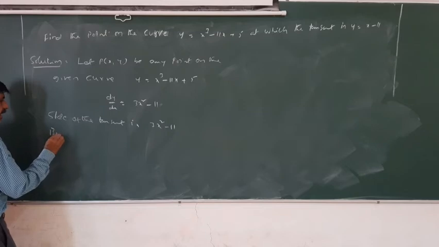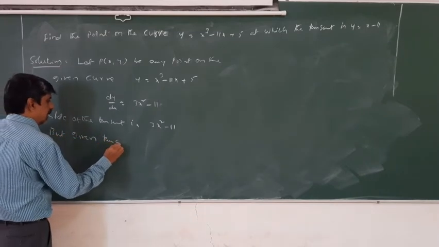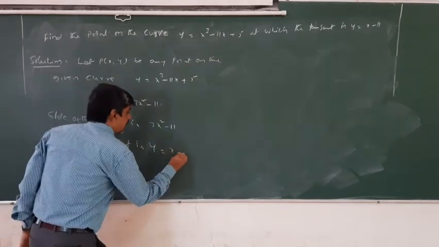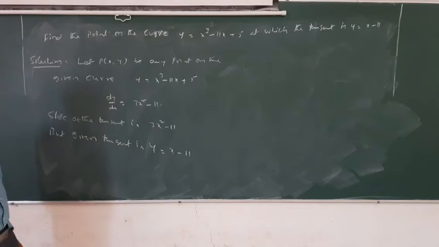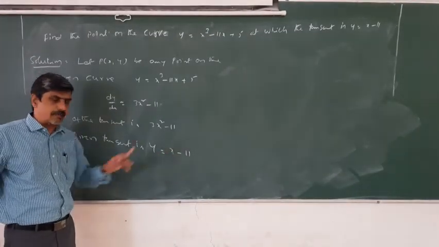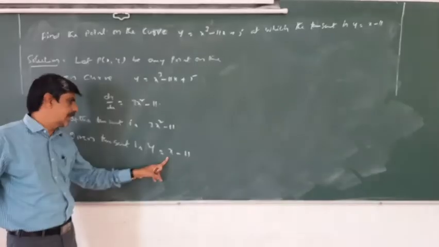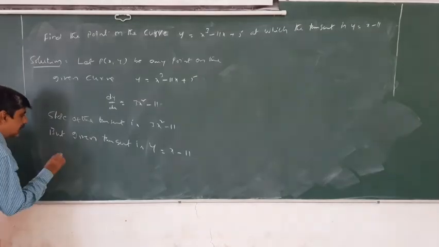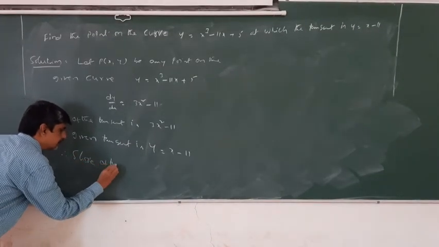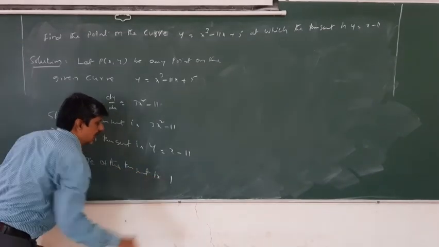But the given tangent is y is equal to x minus 11. Now compare with the formula y is equal to mx plus c. So m is equal to the x coefficient. The x coefficient is equal to 1. Therefore, the slope of the tangent is 1.